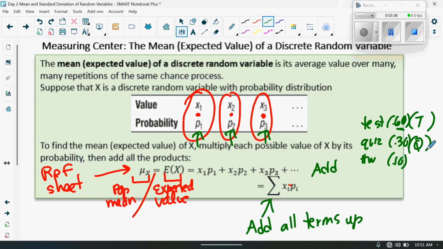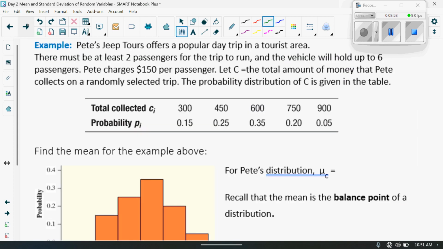Our quiz average, we'll call it Q, will be multiplied by 0.3. And the homework average, which I'll call H, will be multiplied by 0.10. Then what will we do with those numbers? We're going to add them all up. That's kind of the concept here: X times P of X, X times P of X, X times P of X, and then add them all up. So let's actually look at an example now.